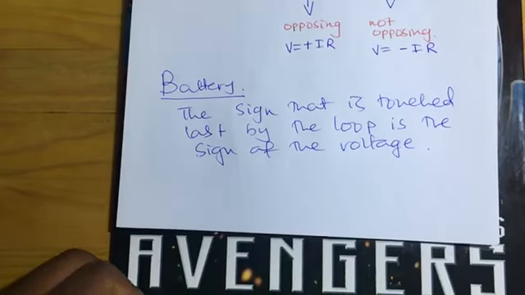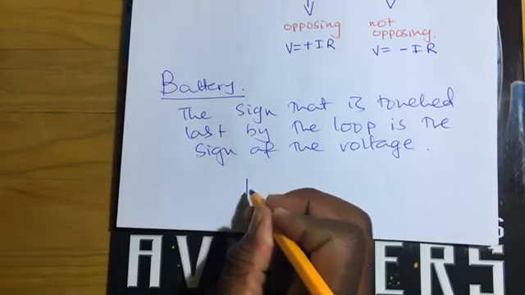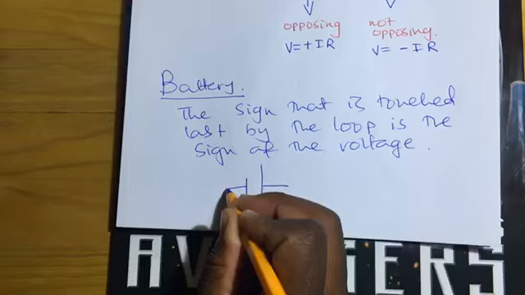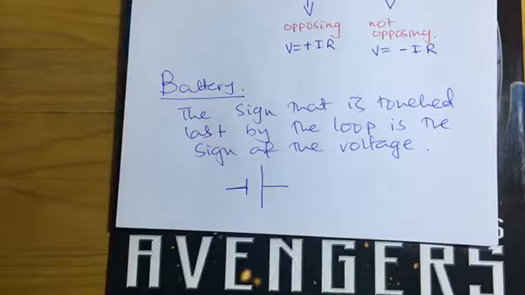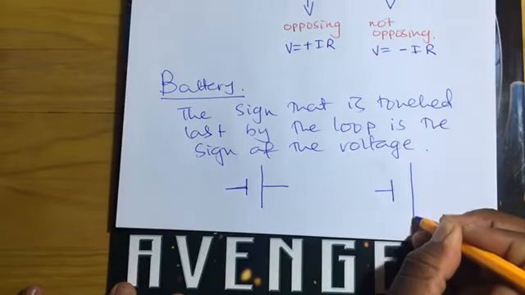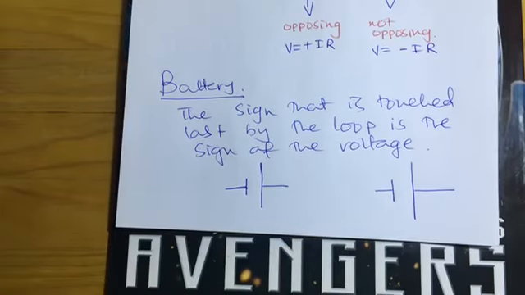What do I mean? So this is a battery, the short one. What sign does the short one represent? Those of you that are not very tall, this is your chance to shine.